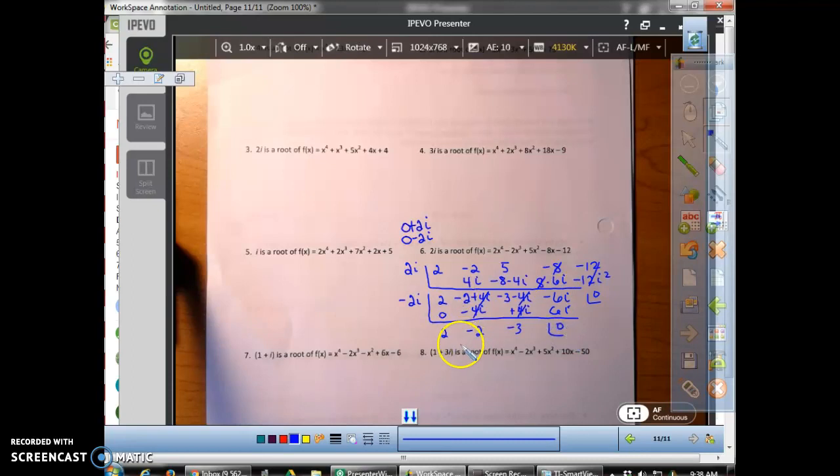Now, this is what I'm really interested in, because I already knew that I had roots that were 2i and a negative 2i. And you could also write that as plus or minus 2i if you prefer to do it that way. What I really want to do now is use the quadratic formula here and find the other two roots, because remember, I'm going to need 4 roots.